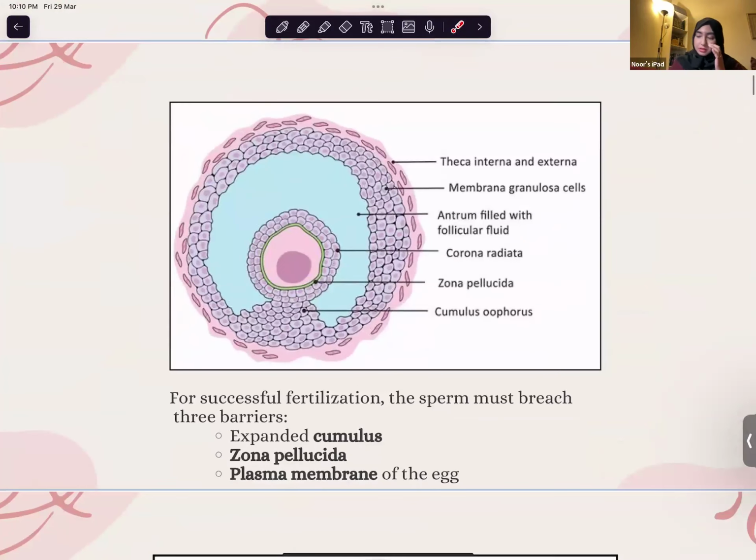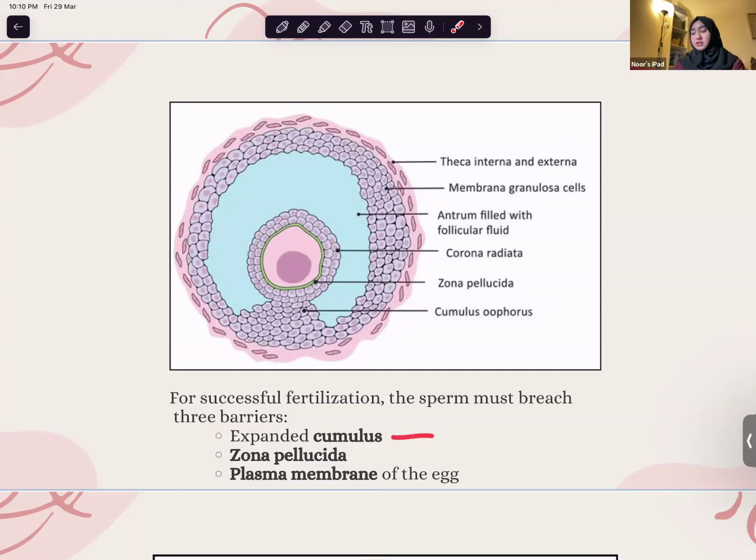Again, like I mentioned, we have the cumulus oophorus and the corona radiata around the oocyte. So for successful fertilization, the sperm must breach three barriers, as in for the sperm to enter the egg, it needs to cross three barriers that are around the egg in order to fertilize. So what are the three barriers?